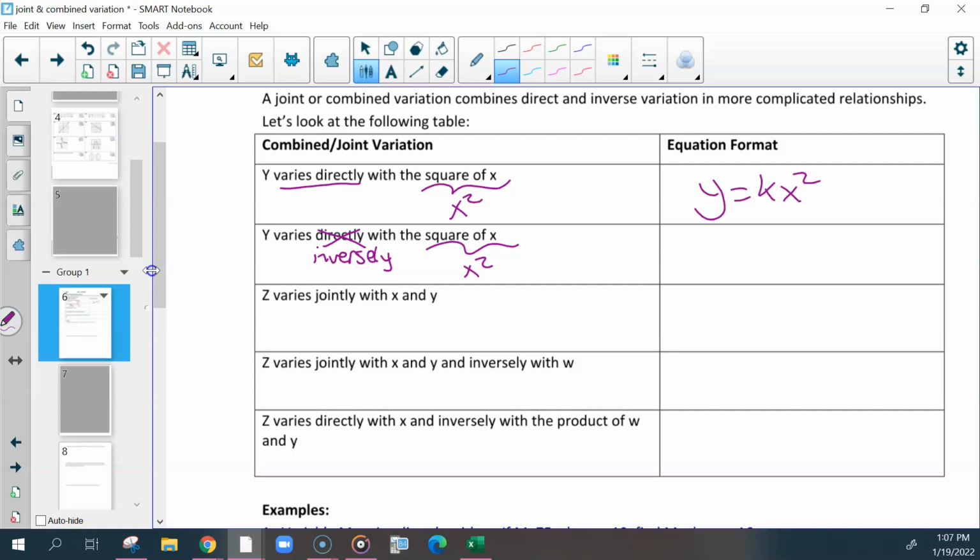So it's the actual inverse variation equation, y equals k over x squared.